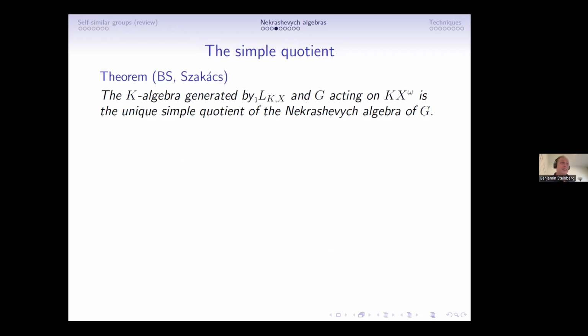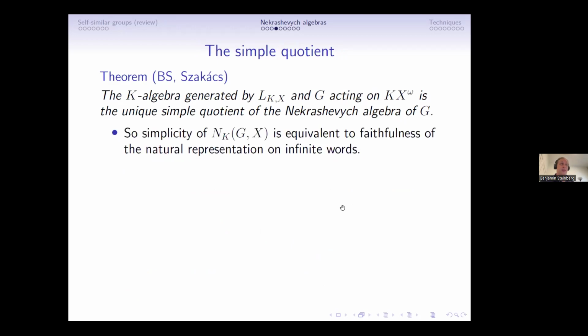And it turns out that if you look at the K-algebra generated by the Leavitt algebra and G acting on this, it's the unique simple quotient of the Nekrashevych algebra. It's not in general the Nekrashevych algebra, but it's the unique simple quotient. It can have a kernel. So this algebra is simple precisely when this representation on infinite words is faithful.